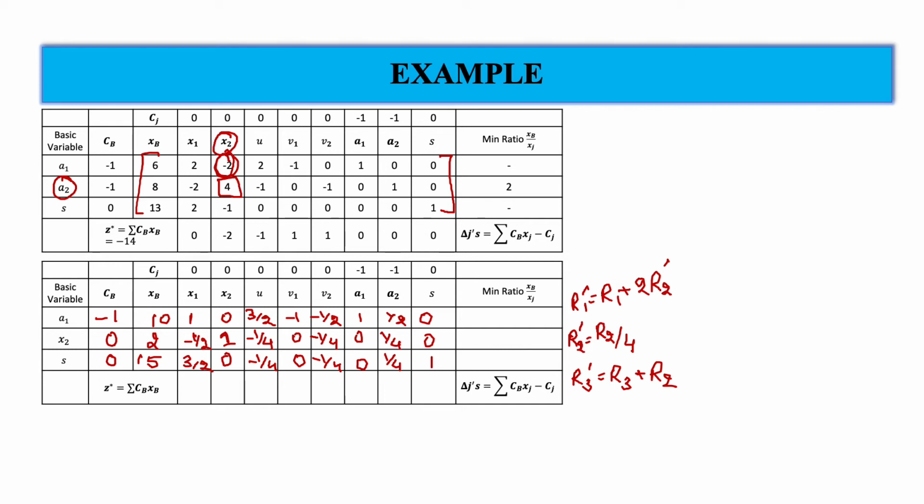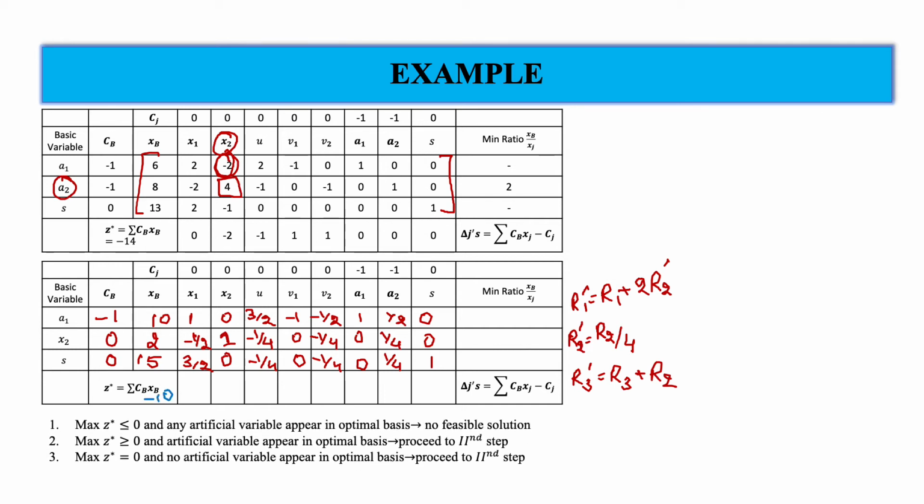What is z? Z is -10. Again our z is less than 0, so this is not our feasible solution, and even the artificial variable is there. Okay, so now we will see the delta j's. The delta j value is multiplying -1 into this whole row, all others are 0. Okay, so it is -1, 0, -3 by 2, -1, minus half.